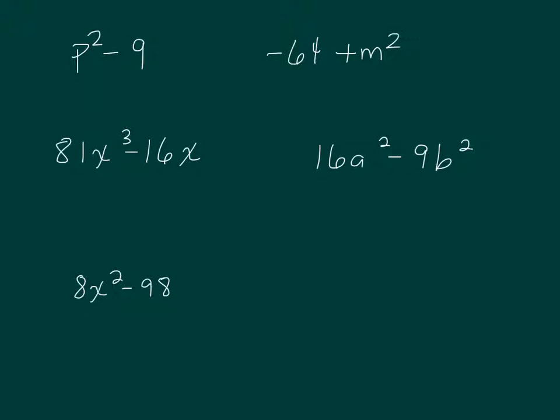So I'm going to factor it as a difference of squares. What do I square to get p squared? Just p. What do I square to get 9? 3. So the factored form is going to be p plus 3, p minus 3. And that's it.